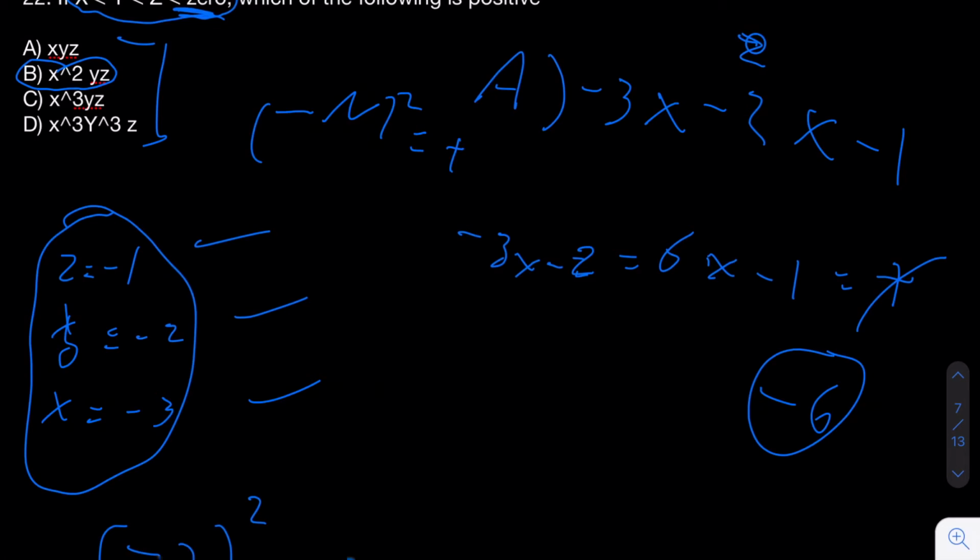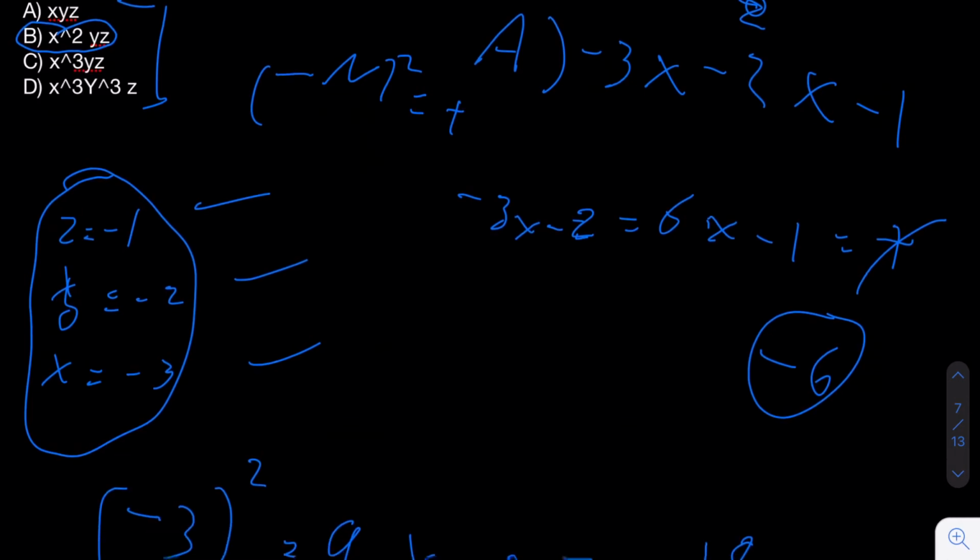In A, it's a negative number multiplied by a negative number multiplied by a negative number. If you're quick thinking, you'll know that's definitely a negative number, regardless of what number it is, not a positive number.